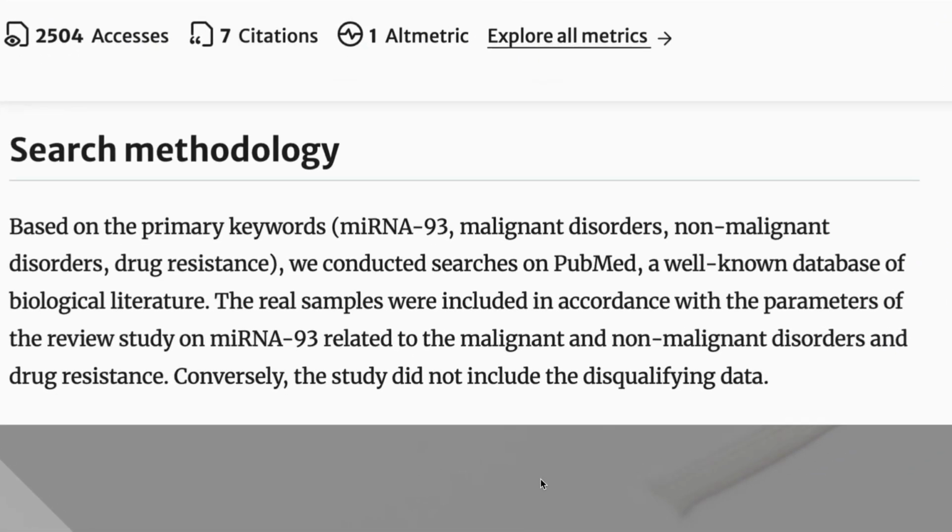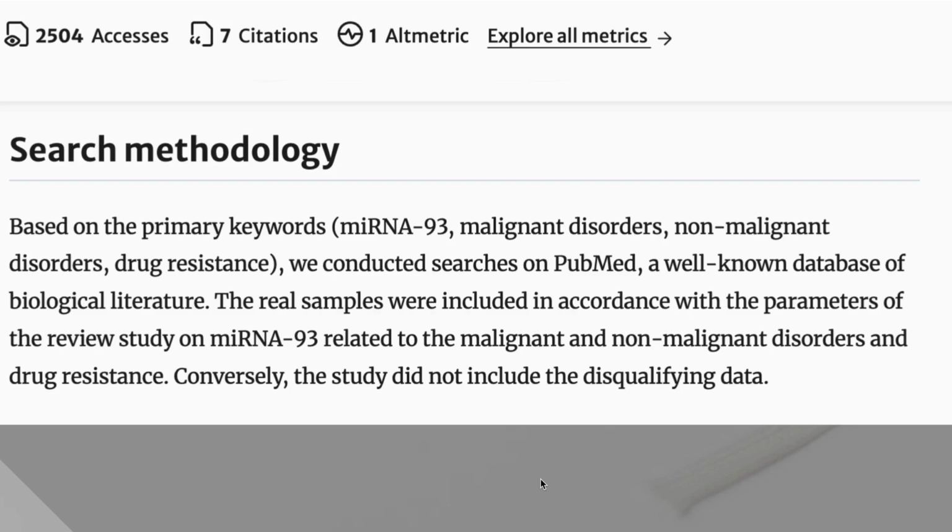Look, we wrote just 2 key things. The first one, keywords, and the second one, the name of the search engine, PubMed, that we used for collecting the data. And finally, we wrote in a simple sentence the inclusion and exclusion criteria.